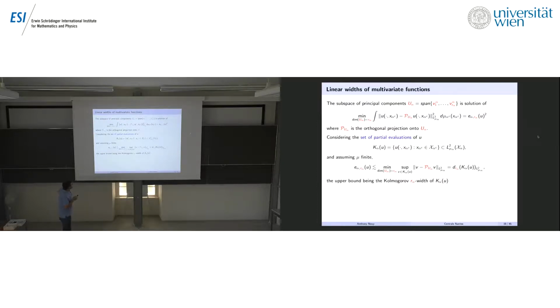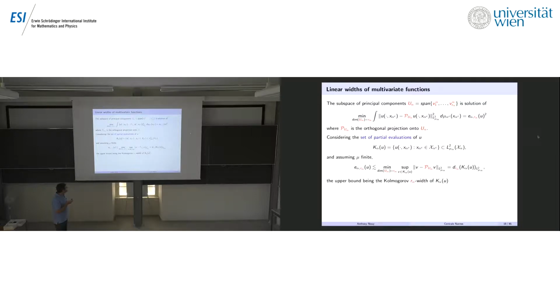Now, if you introduce this set, K_alpha(u), of partial evaluations of u, so I take the partial evaluation of my multivariate function for a particular value of the complementary collection of variables x_alpha^c, this will be a subset of L2 defined on the product set X_alpha.